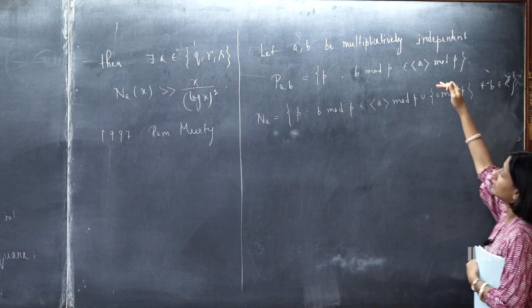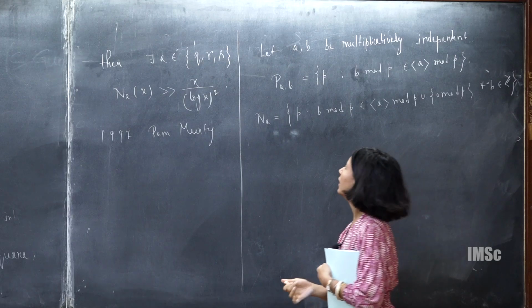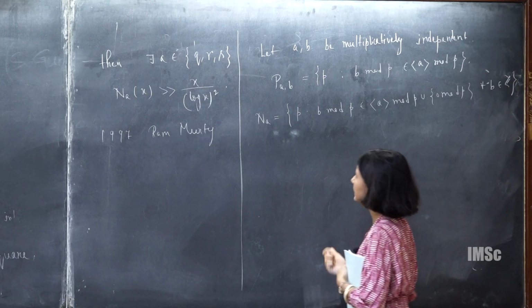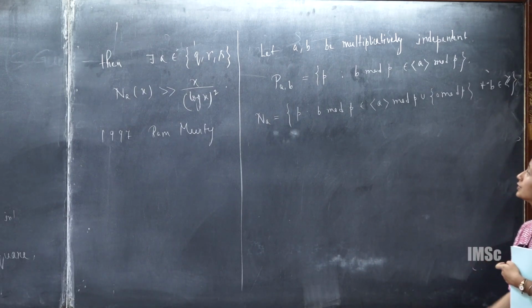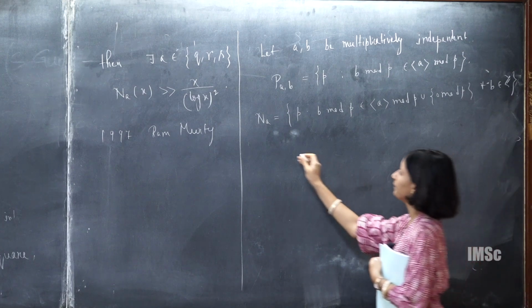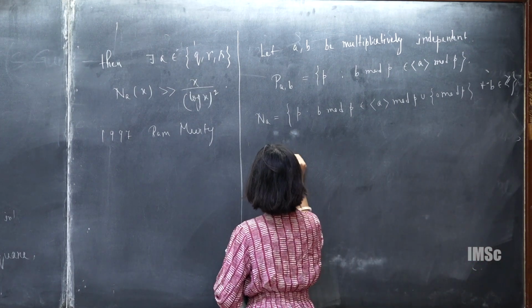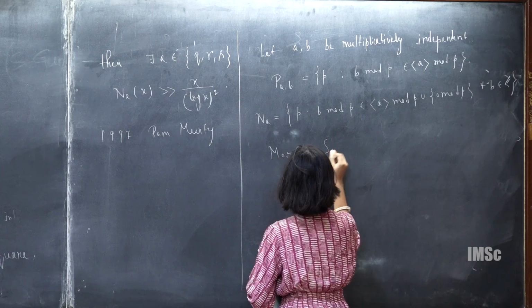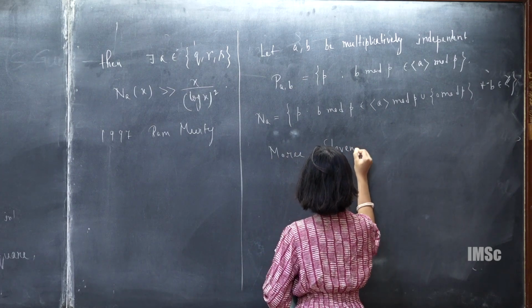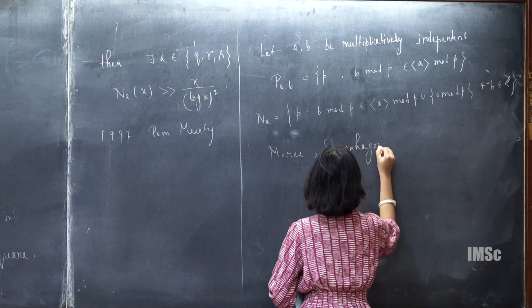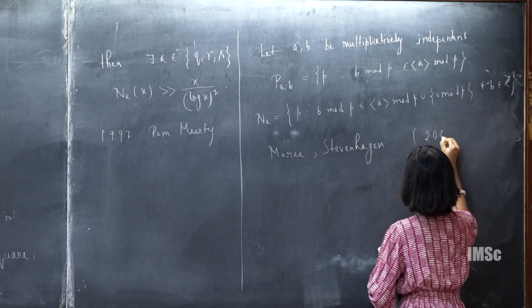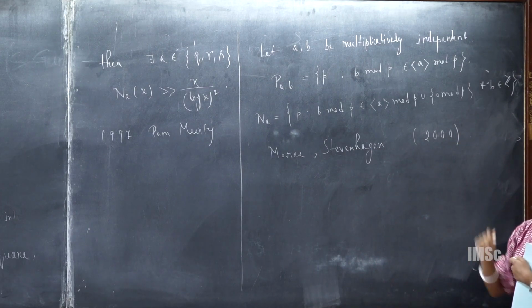Now we can ask whether P_{A,B} is infinite or not, and can we say anything about the density of P_{A,B}. This setup was introduced by Moree and Stevenhagen in 2000, and they termed it two variable Artin's conjecture.